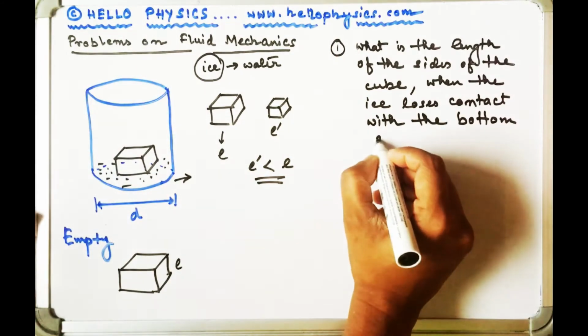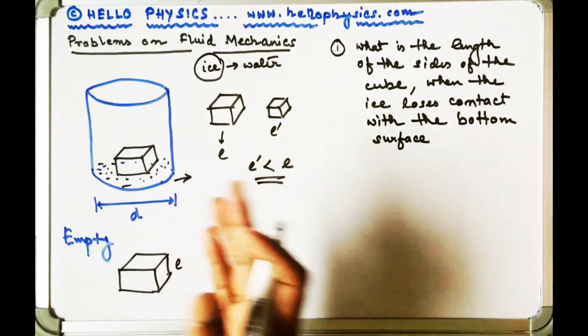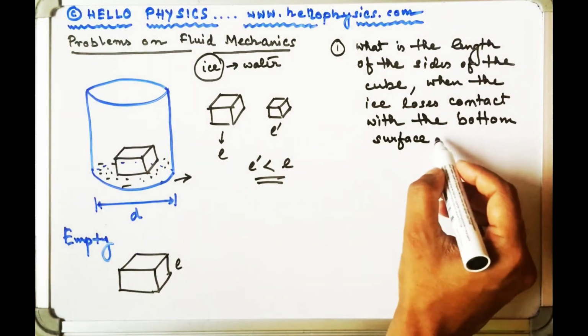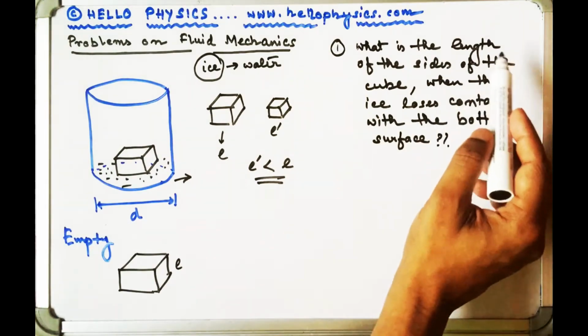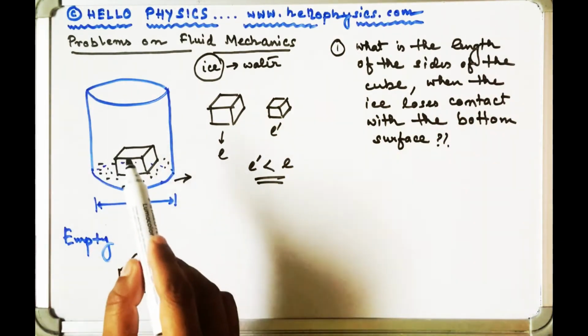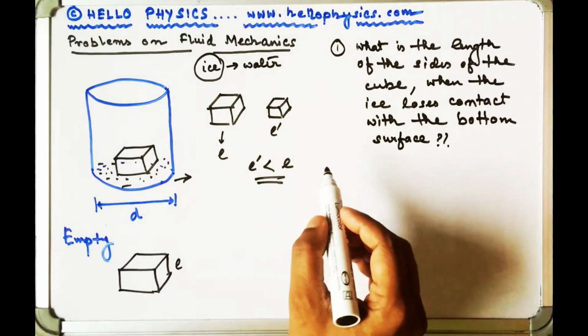I'm not explaining why the ice cube loses contact or how you can determine the point when the ice loses contact. That you have to evaluate, think about it. That is the physics of this problem. So you have to find out the length of the sides of the ice cube when it loses contact with the bottom surface. This is the first part of the problem.